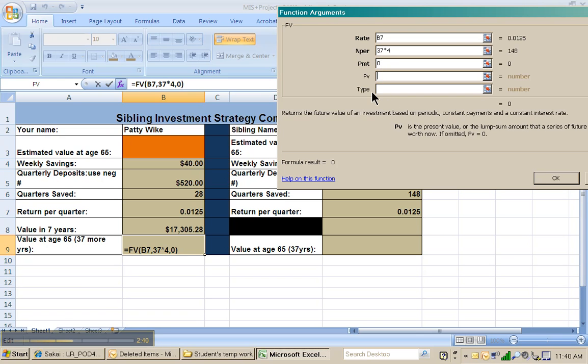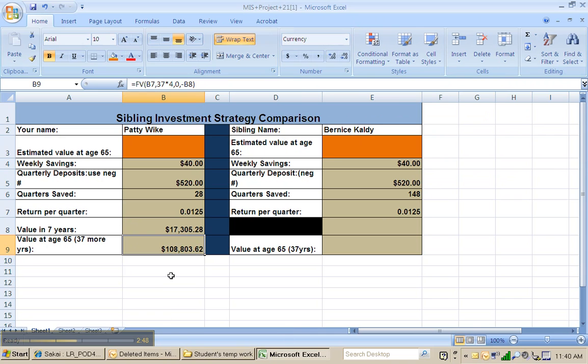But the present value would be equal to minus, out of my cash flow, minus 17,000. Click on that 17,000 down here. And so at age 65, I'd have 108, almost $110,000.